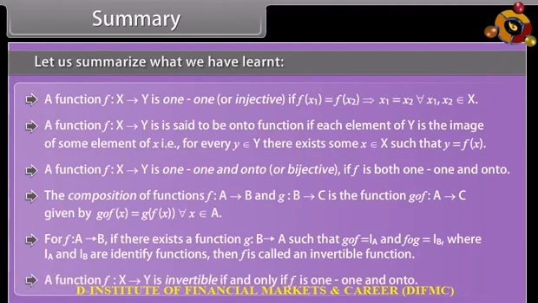A function f from X to Y is invertible if and only if f is one-one and onto.